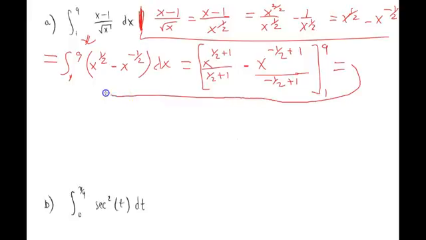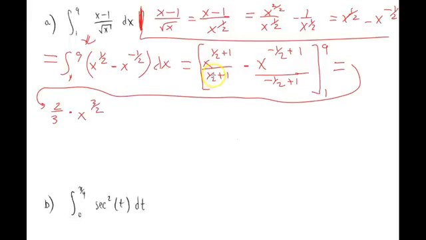So now we know that 1/2 plus 1 is like 3 over 2. And so we have the same thing in denominator, 3 over 2, but the reciprocal of 3 over 2 is 2 over 3. So that would be 2 over 3 times x raised to the 3 over 2.